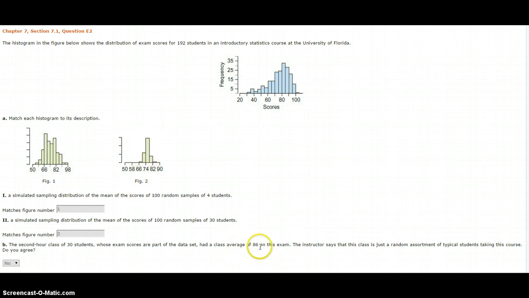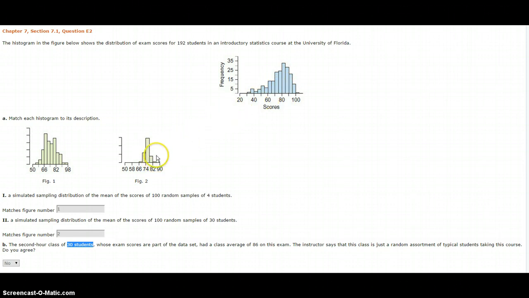So if we're getting 86, and it's not just a single student, that could be very likely, looking at the original distribution. But we're looking at a class of 30 students. So when we get 30 students out of this original distribution, we should be getting pretty close to the population mean.